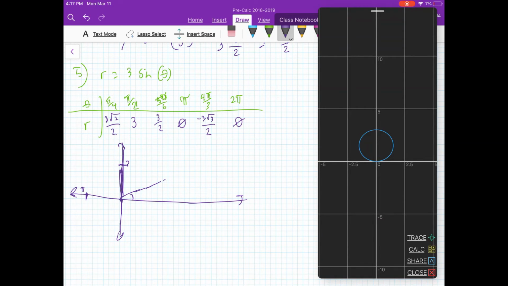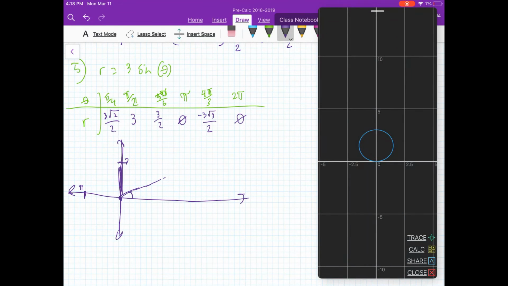And if I were to graph 2 pi, that would also be 0. If I were to graph 4 pi over 3, that'd be negative 3 over 3/2, so that would be something along the lines of in this direction. So there you have it. If we were to graph this accurately, we'd get something kind of like this.